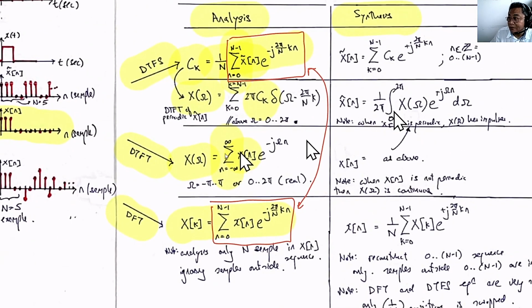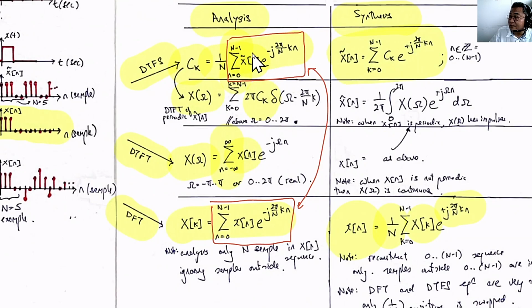Now you'll be wondering, where's the 1 over N then? And the answer is that in DFT, strangely enough, it is in the synthesis equation, which takes the frequency representation and converts it back to x of n. While in the synthesis equation of DTFS, there's no 1 over N. Now, this will cause many students much grief.